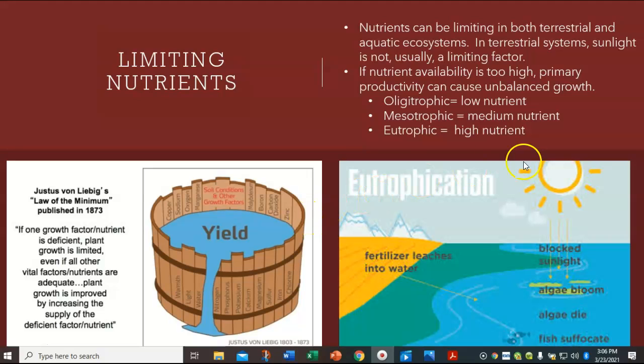And then all of a sudden, we've got a farmer. And the farmer also has limited nitrogen and phosphorus, but he wants his plants to grow up big and strong. So what is he going to do? He's going to add nitrogen and phosphorus to the soil. That's what fertilizer is.